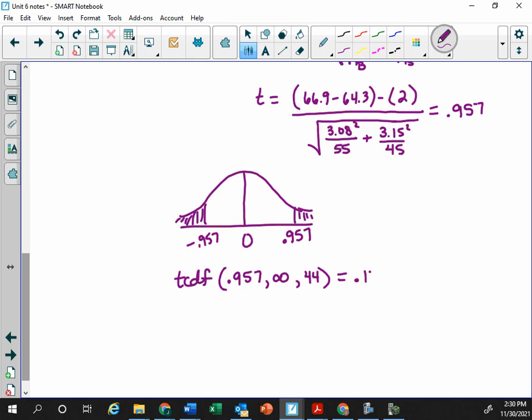0.17. And remember, what we're doing here, all of this TCDF, this is giving you your p-value. It's two-tailed, so it's not just 0.17. What do I do? Yep, so it's 0.34. You have to double it.